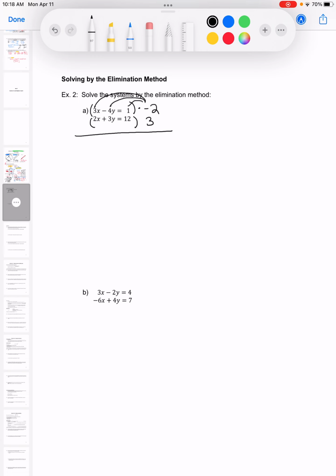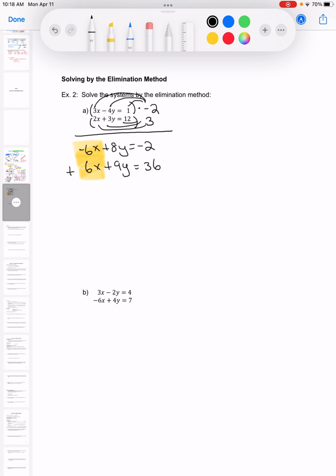So multiplying that top equation, I'm going to get -6x plus 8y is equal to -2. Multiplying the bottom equation, I'm going to get 6x plus 9y is equal to 36. My goal was to get one of the variables to be inverses of each other, 6 and -6.